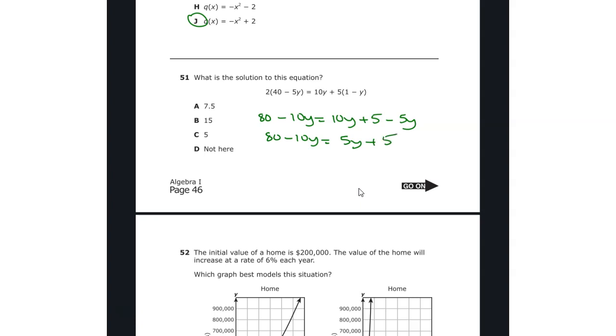So we go here, we move this 5 over to the other side. So 80 minus 5 equal to 5y plus 10y. 75 is 15y. Divide both sides by 15, and y equal to 5.